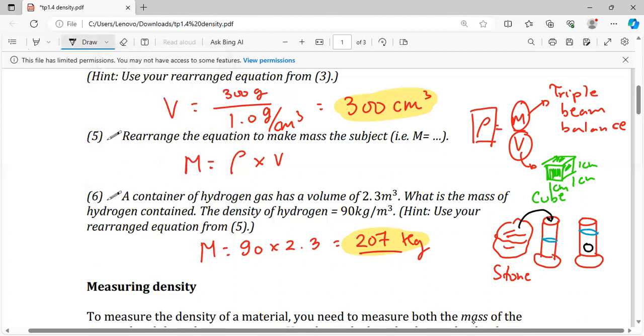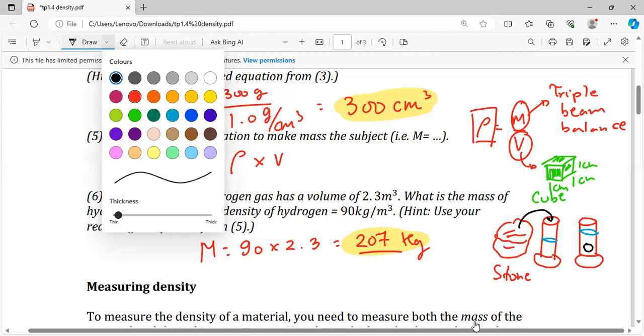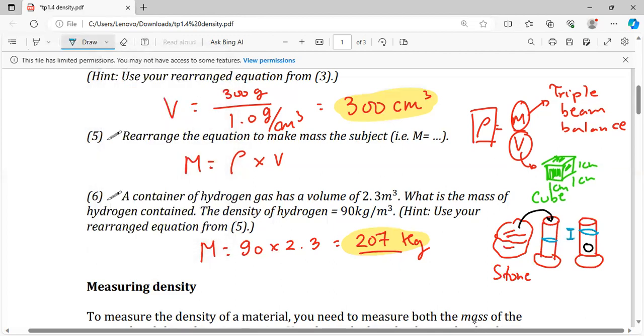Because the stone has entered the liquid, the volume will rise. Now you can see the difference in the volume. The difference is the volume of the stone itself. For example, if the initial is 100 milliliter and this one is 120 milliliter, the volume of the stone is only 20 milliliter.